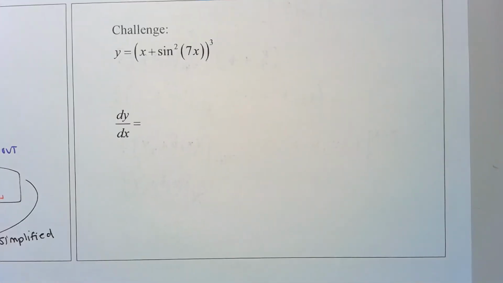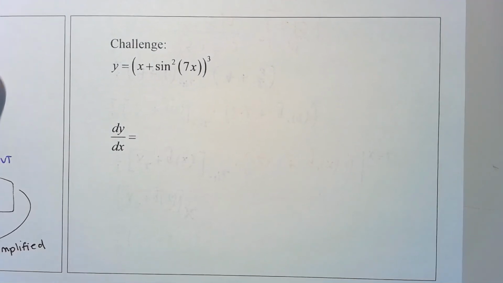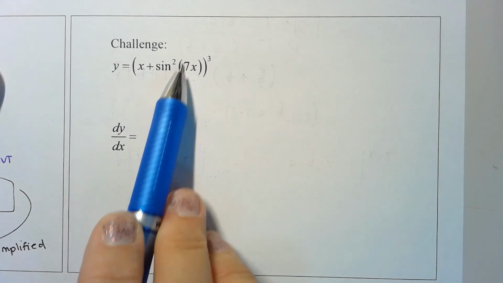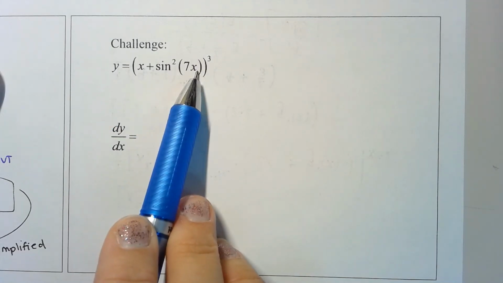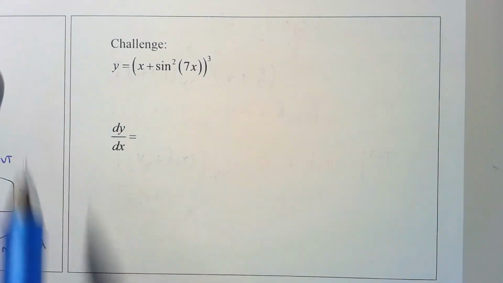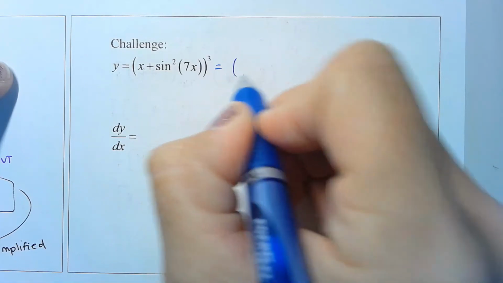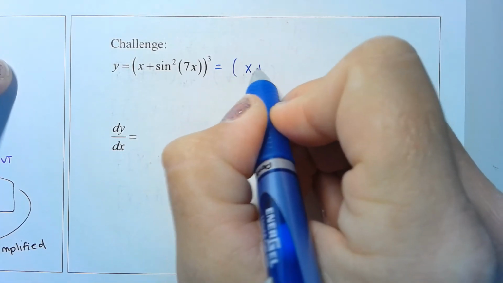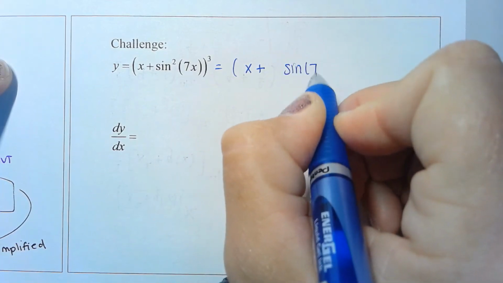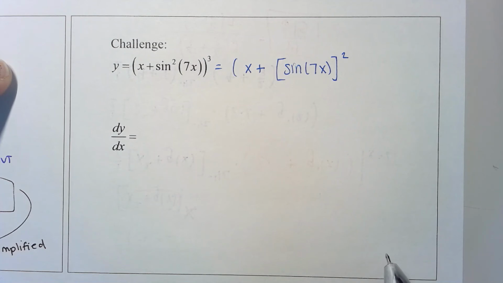Challenge question. I encourage you to try this one on your own just to see why it might be considered a challenge. So we've got lots of parentheses already. I see 2 sets of parentheses telling me chain rule twice. However, this little sine squared thing in there tells me we probably need to rewrite this. So we've got in the parentheses x plus sine squared of 7x, which means the sine of 7x squared, right?